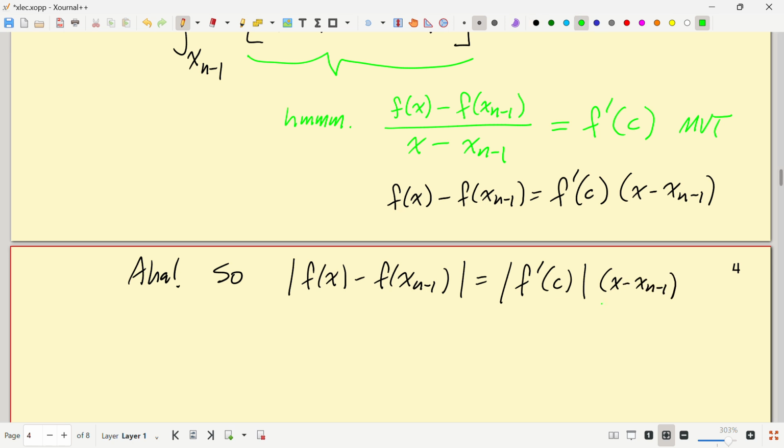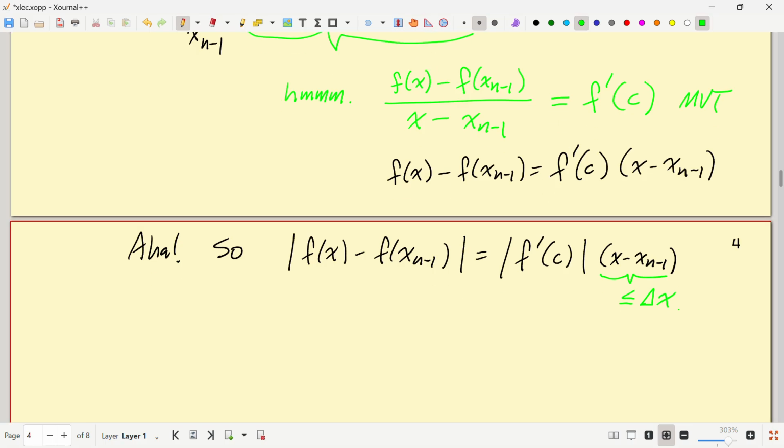This thing's less than or equal to delta x on that interval. And let's make this less than or equal to the max of the first derivative. So where M is the max of the absolute value of f prime on [a,b].